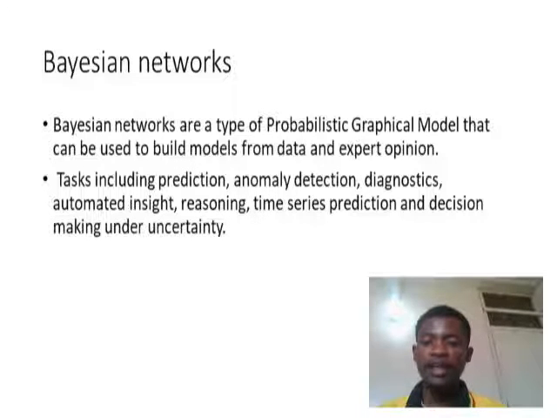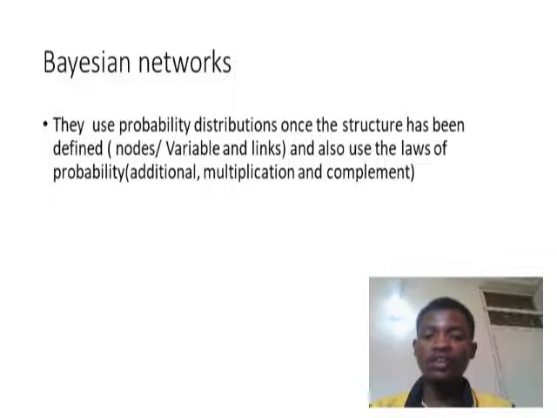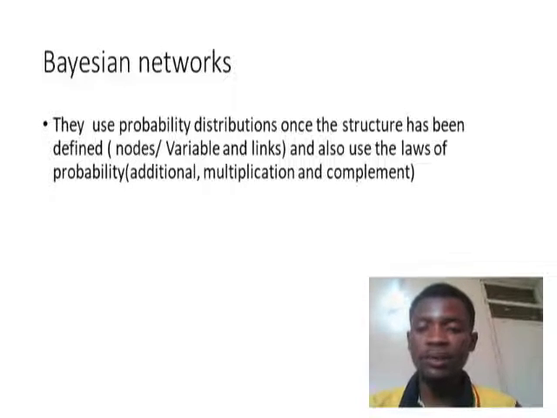It's kind of similar to Bayesian theorem, but here we use graphical models to solve our problem, for tasks including prediction, etc. In the real world, we use the Bayesian network to define the nodes, variables and links.